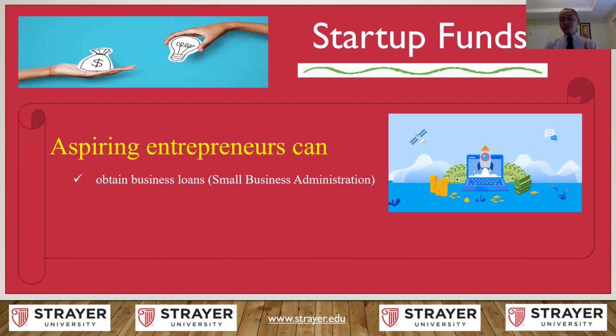This agency serves as a middleman to set up the guidelines, the principles, and help banks like Bank of America or Wells Fargo or SunTrust to come up with strategies and plans to give loans to startup business owners. So startup business owners can have the funds to pay for equipment, to pay for potentially the first 3 months of operations.